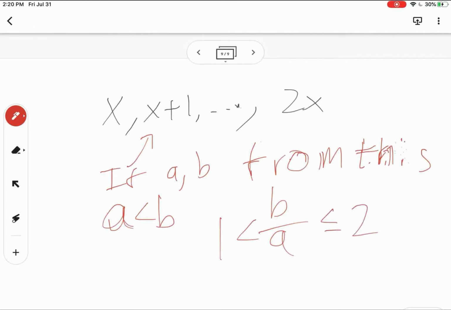Everybody sees this because we have our numbers x through 2x. So this is a good idea.